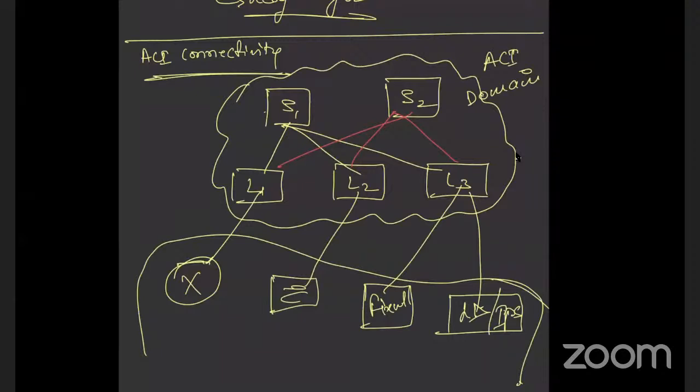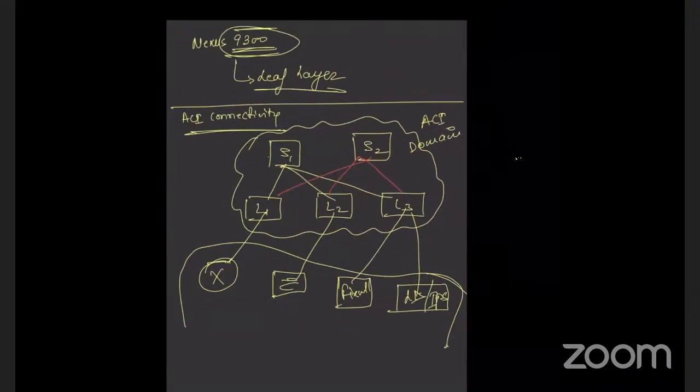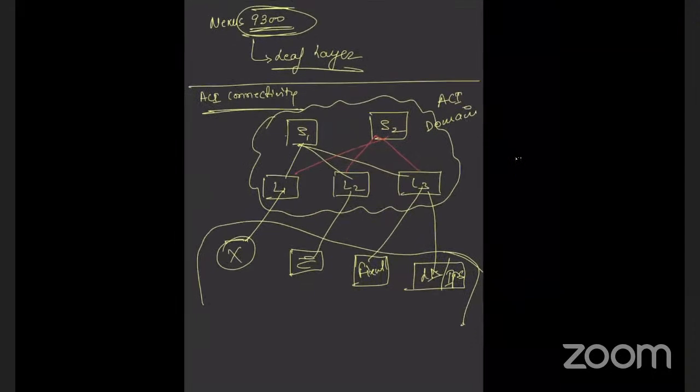But if you are running multi-pod or multi-site, then multiple ACI domains can connect via spine. So for example, these are 2 spines and 2 leaves, and this is your one ACI pod and another one is here.